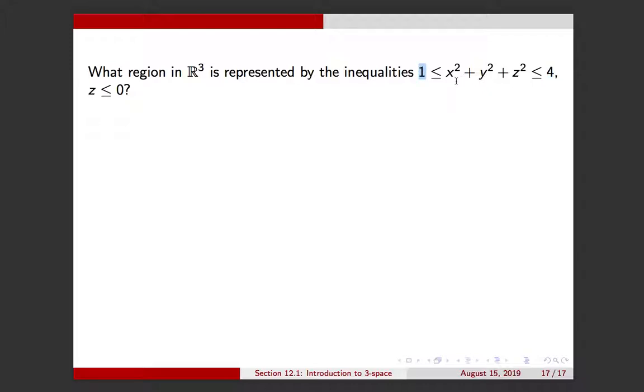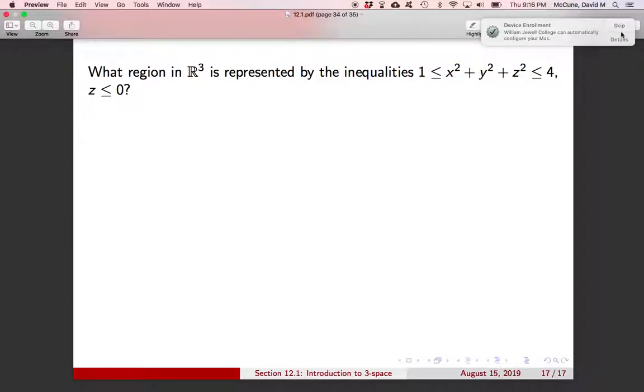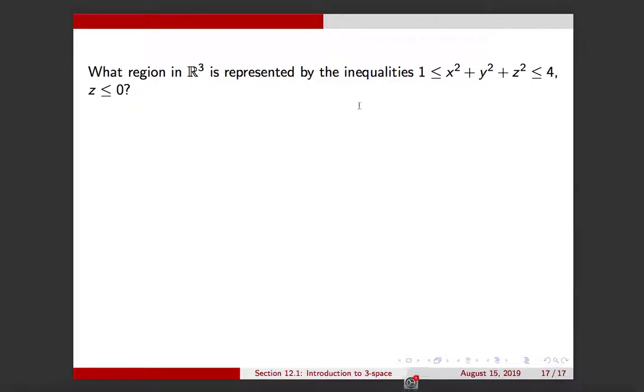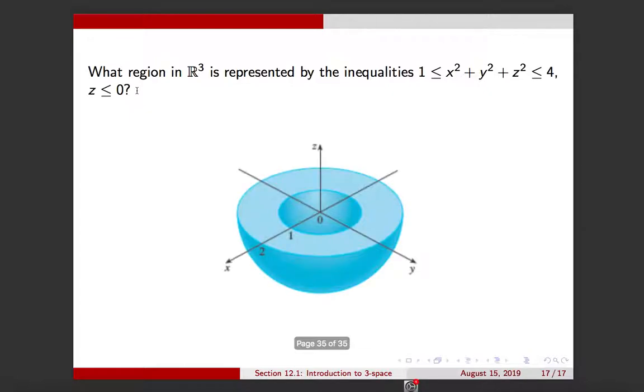So the square root of 1 is 1, the square root of 4 is 2. So take a sphere centered at the origin and let it range from radius 1 to radius 2, and only pluck off the stuff underneath the xy plane. And if you do that, you get this bowl-shaped thing: radius 1 to radius 2 under the xy plane.